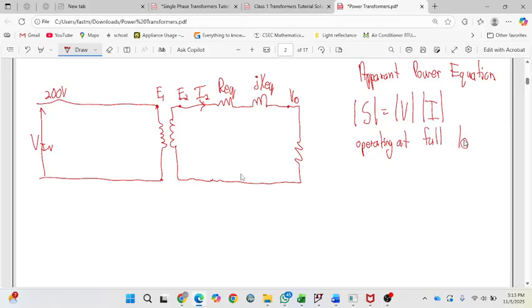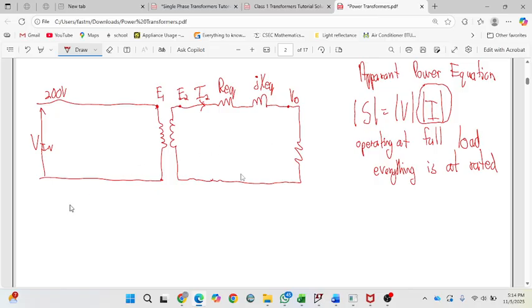When you're operating at full load, everything is at rated: rated voltage, rated current, rated output, load, everything literally at rated. But this is a good equation to know because most of the time you could get the magnitude of your current, and the only thing that will give you the angle for your current is your load or the input current or voltage, whatever they give you in the question.